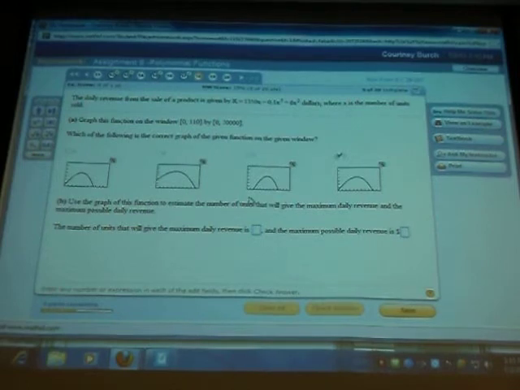Go back to your graph. No, I don't want that, because you only care about this side of it. You've got to use this equation to calculate. You don't want to put in 20 for y. You want to put in 20 for x. Type in 29.